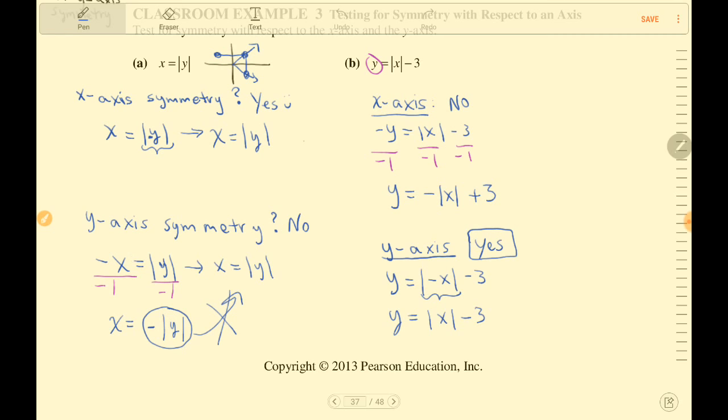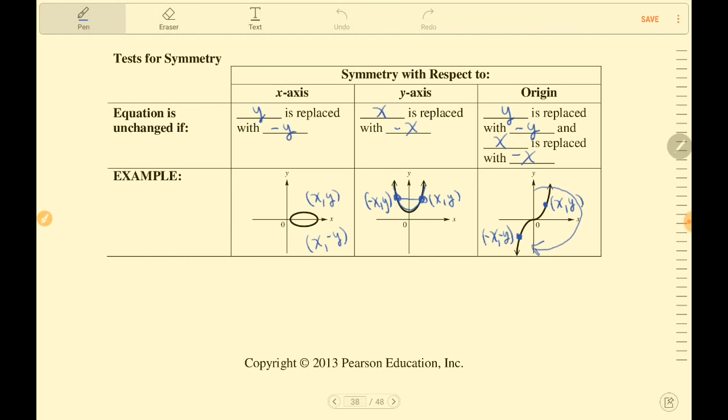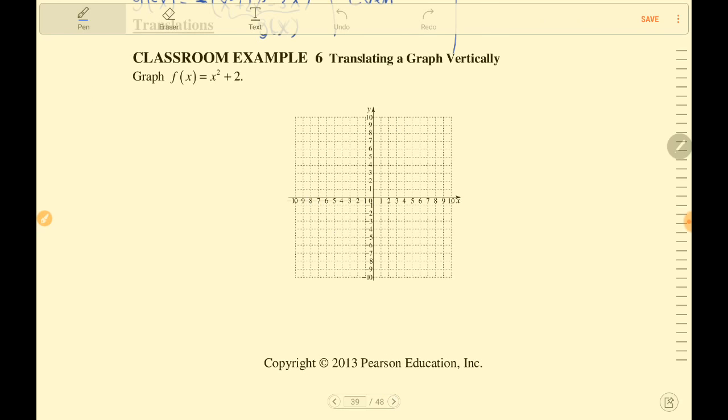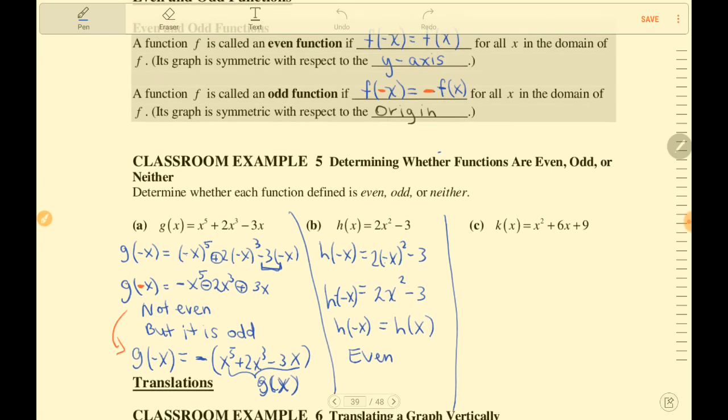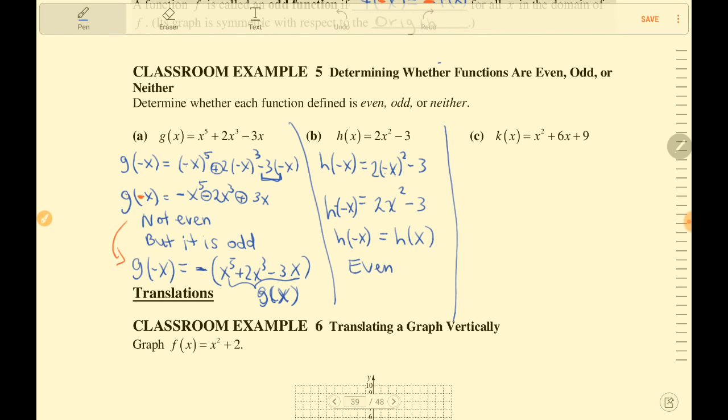So it wasn't like we could figure out it has x-axis symmetry, then automatically it doesn't have y-axis symmetry. That's not true, so you have to do both tests every time. But the nice thing with even and odd testing is that you only have to do one step in order to determine whether it is even or odd or neither. The only thing you have to do is plug in a negative x and simplify it.